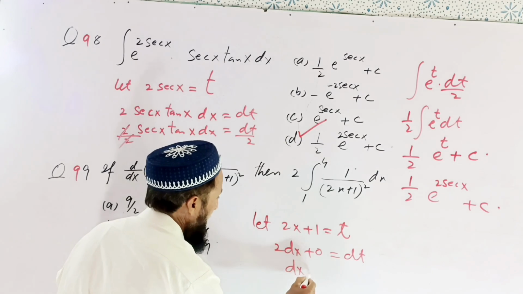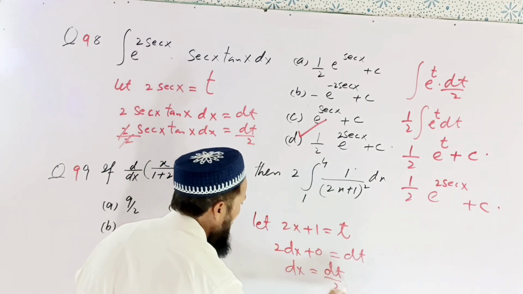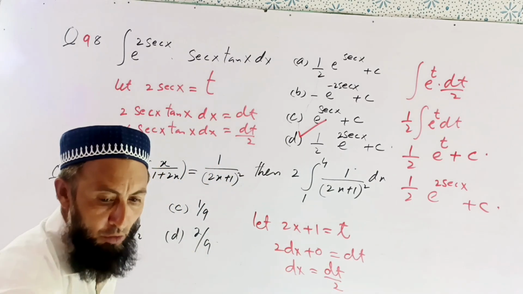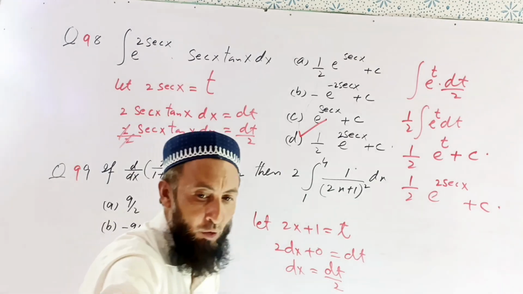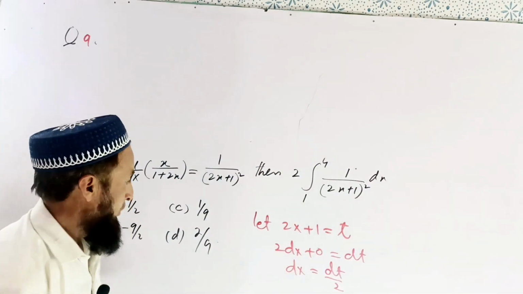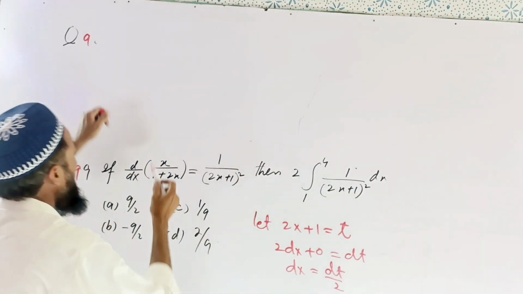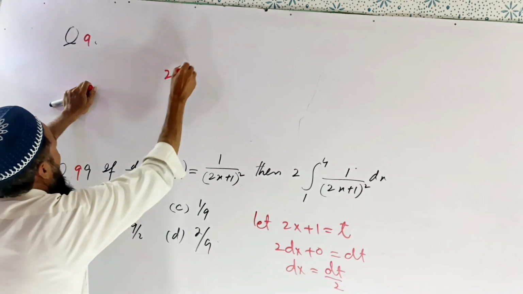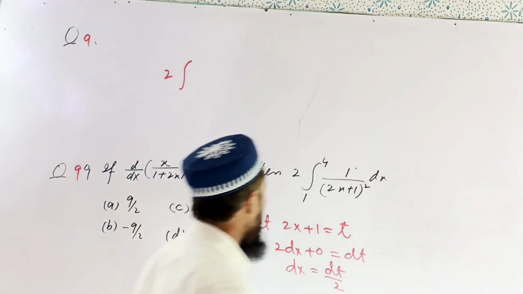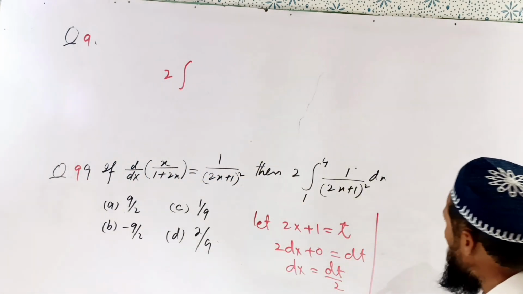So dx is equal to dt divided by 2. Now we substitute this result in the original question, and we also put the limits.